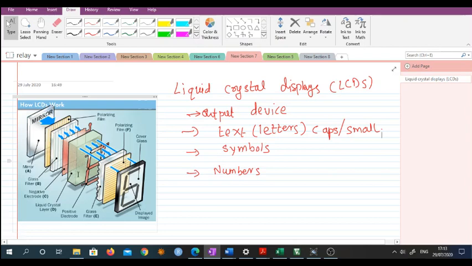It is used for displaying numbers or characters or special symbols. This entire unit is then sealed or packed in one intact package, and then it is used as a unit called an LCD. So this is the internal of a liquid crystal display.